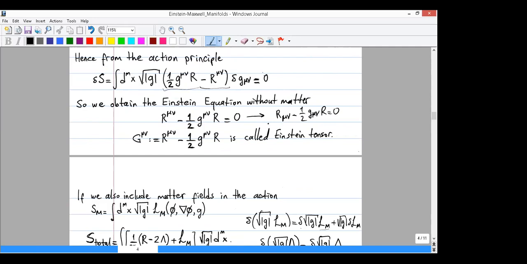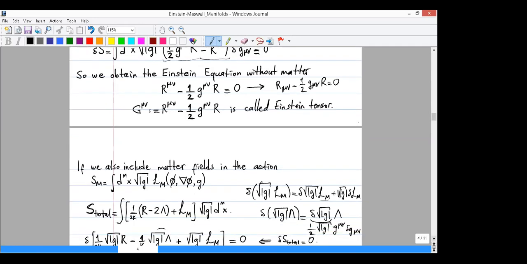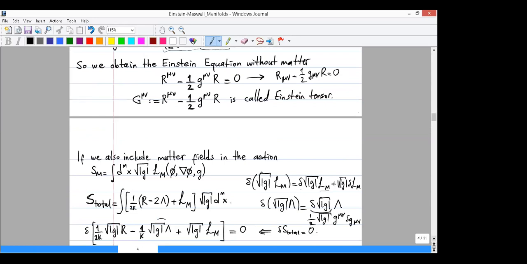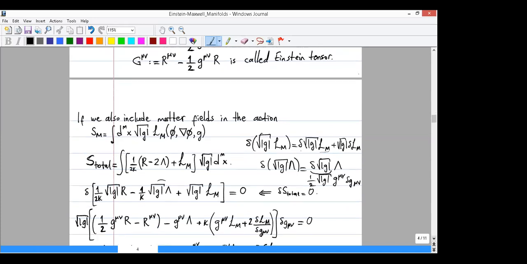And this is by definition called the Einstein tensor, G mu nu, and by just lowering the indices, you can also write it with the index down. But here we just obtain it without the cosmological constant and without matter fields.